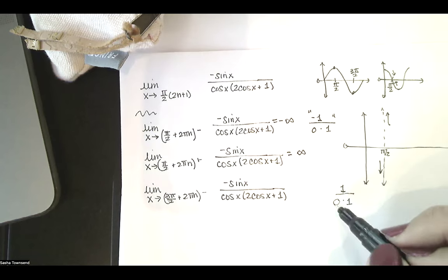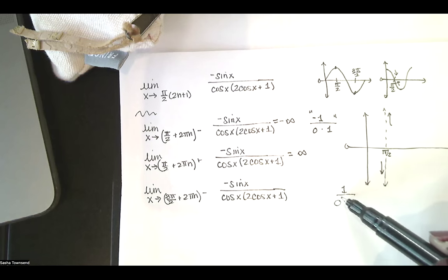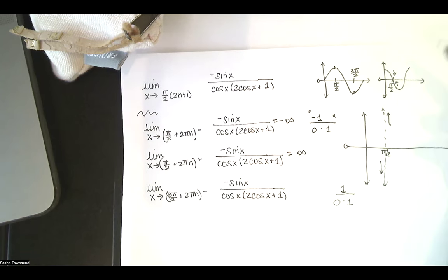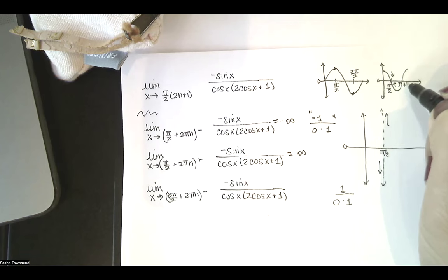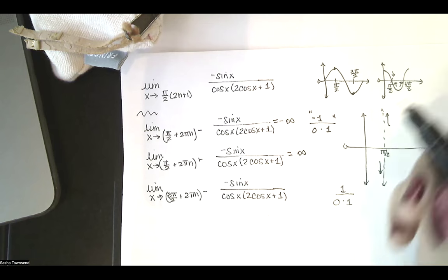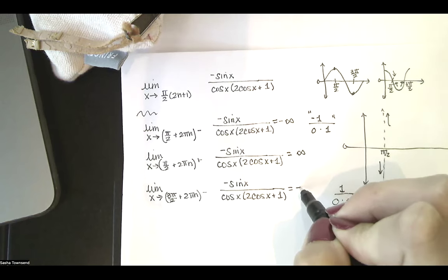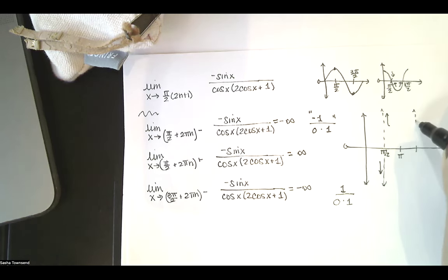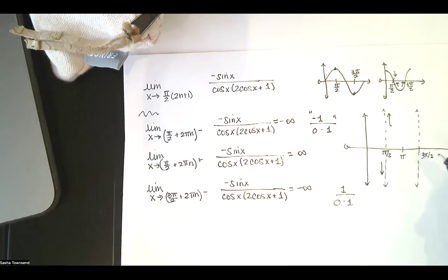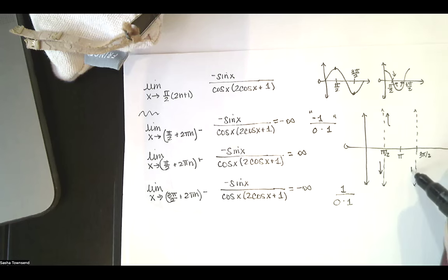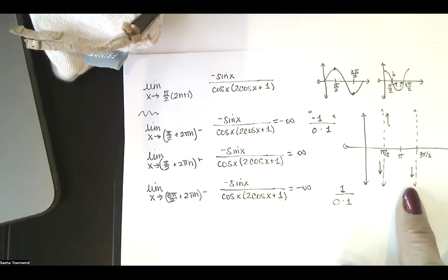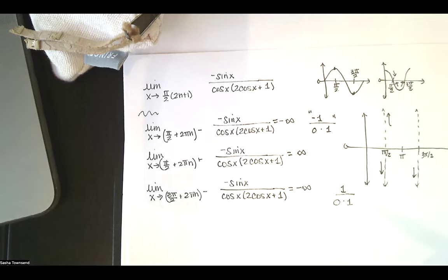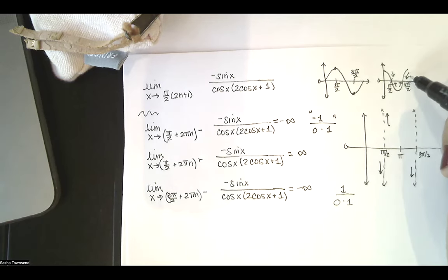So the sign of this quotient is determined by the sign of that tiny number. So if we're on the left of 3 pi over 2, those are going to be tiny negative numbers. 1 divided by a tiny negative number is a large negative number. So we're going to approach negative infinity to the left of 3 pi over 2. And then to the right of 3 pi over 2, we're going to be dividing by a tiny positive number.